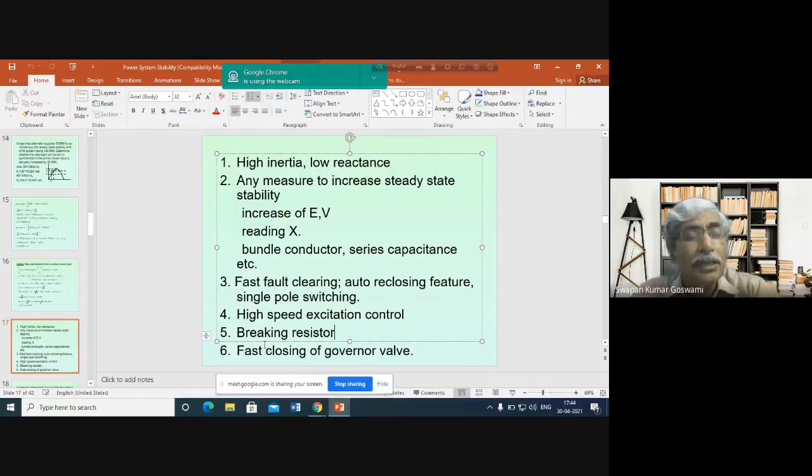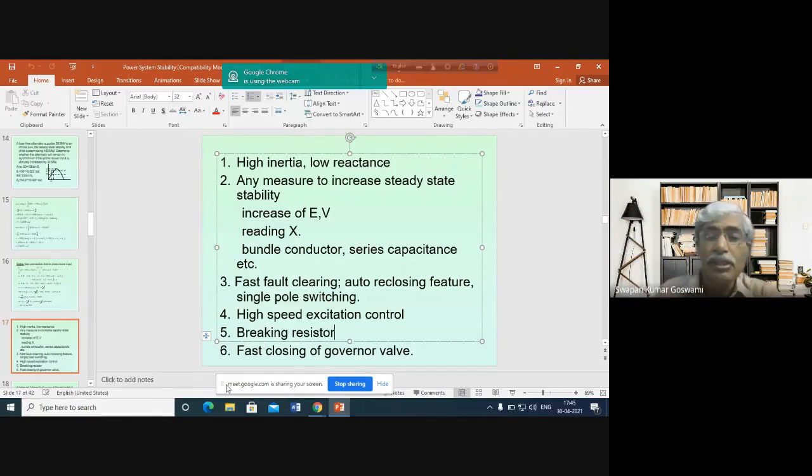But if you can somehow bypass the steam, if another steam valve may be opened such that instead of passing through the turbine, this steam is bypassed through some other places, then this may help the situation. But there is not much success in this method. If this method can be employed, then obviously it will be the best method for improving the transient stability.